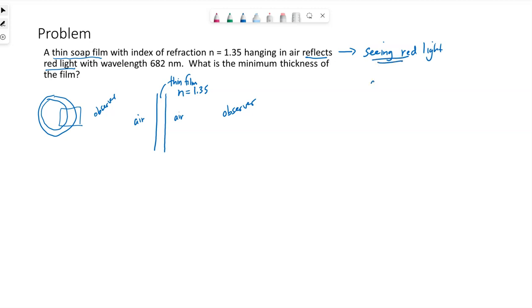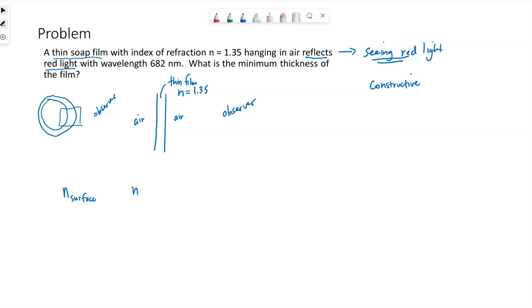This means constructive interference. So in terms of the table we have, we need to know whether n of the film and n of the surface, we need to know which one's bigger.